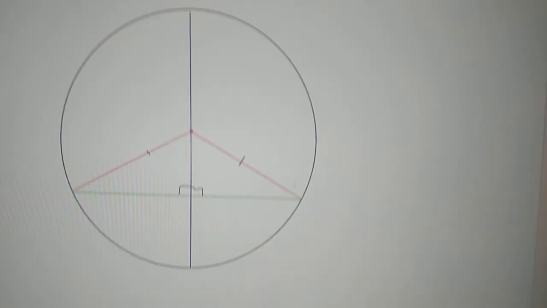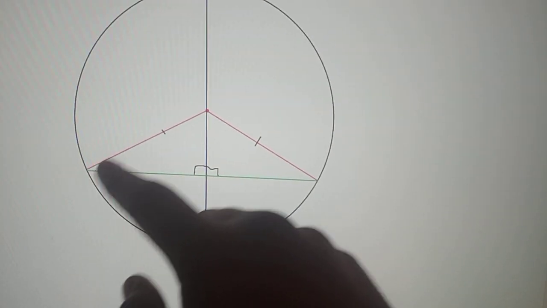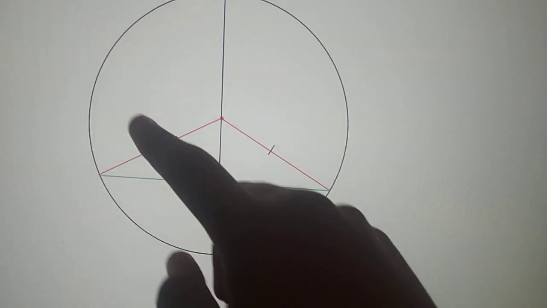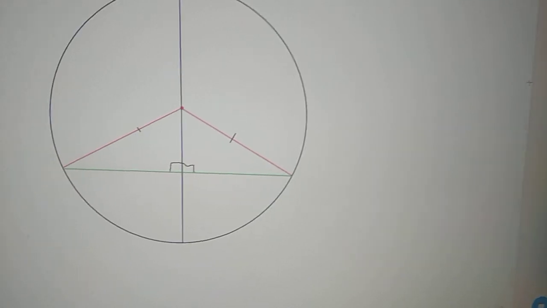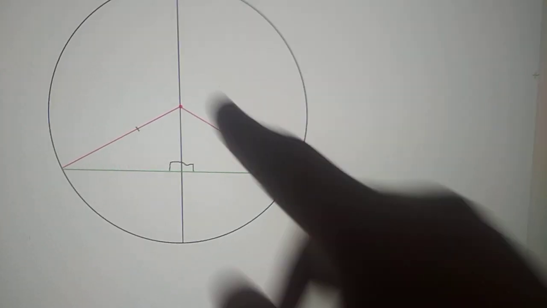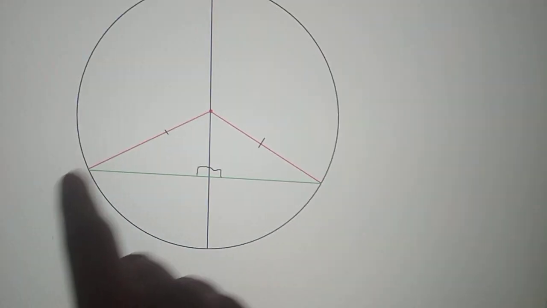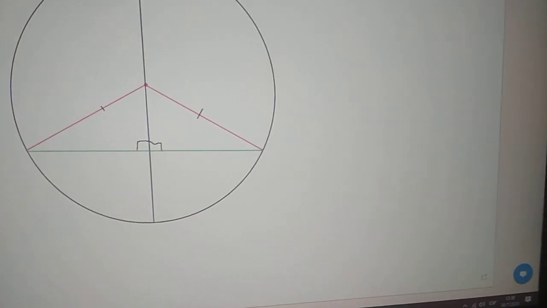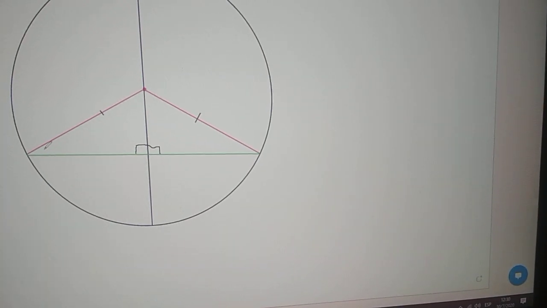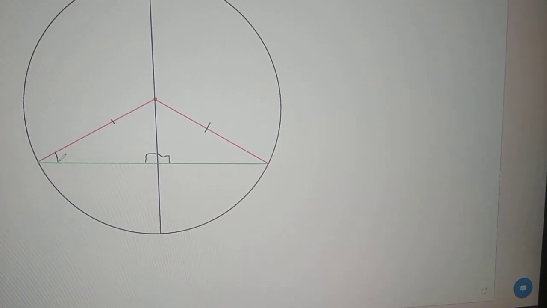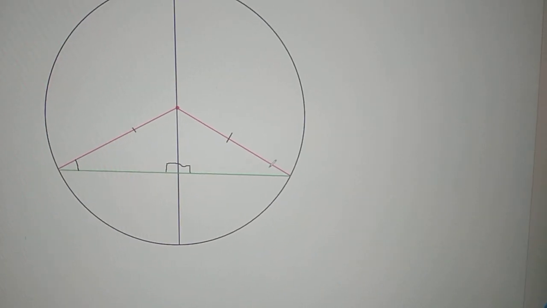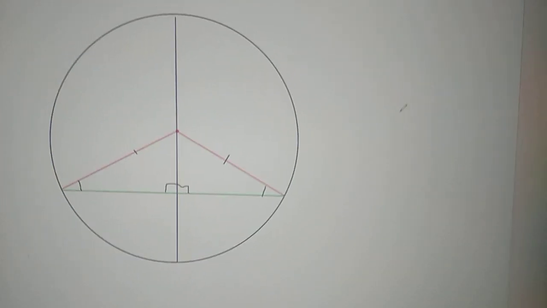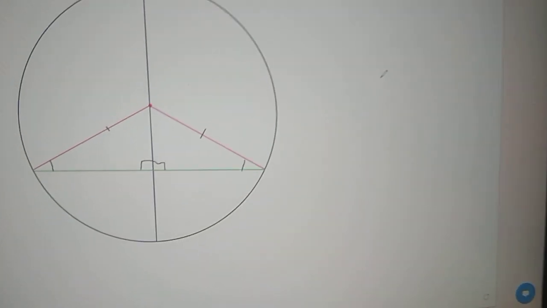We also know that this whole big triangle is isosceles, since this is equal to that, therefore the angles at the base are going to be equal to each other. So this angle over here is going to be equal to this other angle over here. Great. So what do we have next?